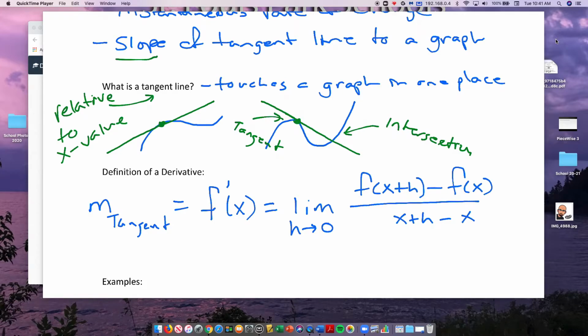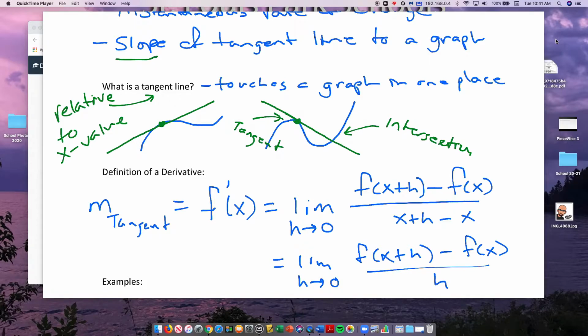That's y2 minus y1 over x2 minus x1. Now I understand that the denominator really simplifies. If you think about how this might simplify, it would be f of x plus h minus f of x, divided by h. So that's the definition of a derivative, and you have to be able to recognize it.